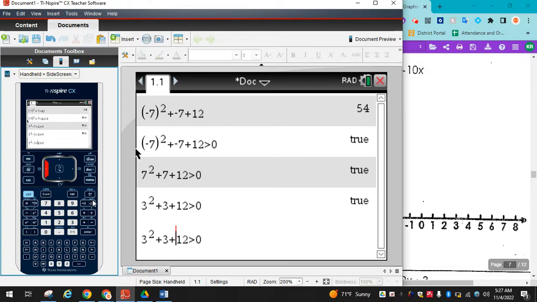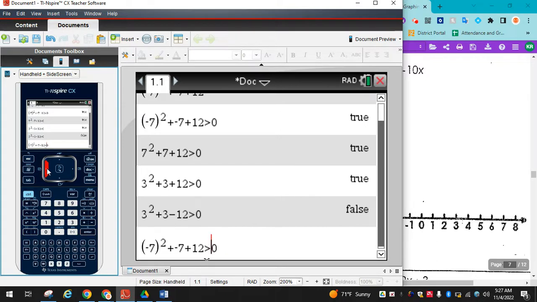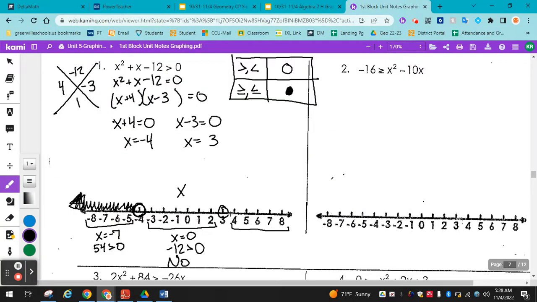If you plugged in one of your answers, it will give you a false statement, which is why it's an open circle. Just so you know. Just make sure. Minus 12. There you go. True. So I know they work. So we're shading on the outside of our graph.